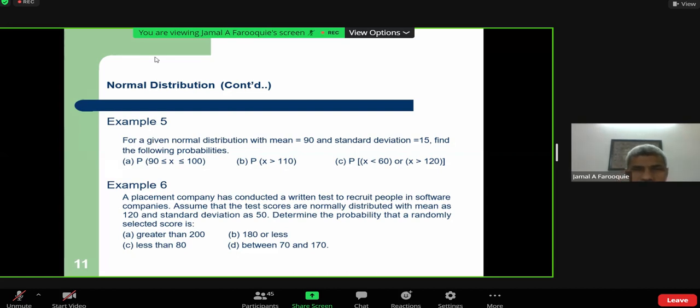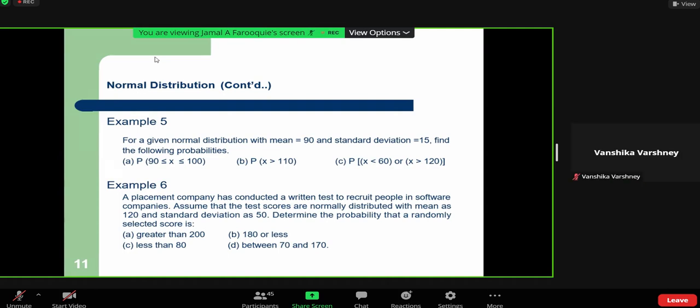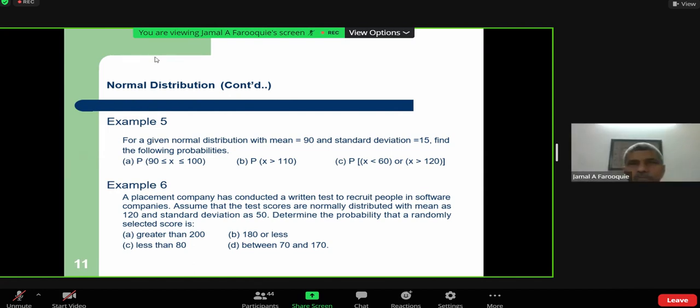So there are two values of X, 90 and 100, and the corresponding values of Z will be Z1 for 90 and Z2 for 100. It's by chance that here one value of X is its mean. The y-axis itself is the mean. Yes. And so what are the two Z values?